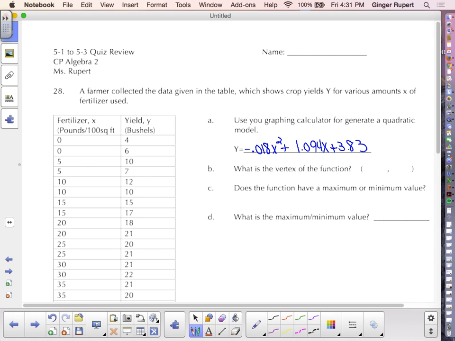The vertex was at 30.859, comma 20.712. Says, does the function have a maximum or a minimum value? In fact, the function has a maximum value because it opens down. That maximum value is the y coordinate at 20.712.